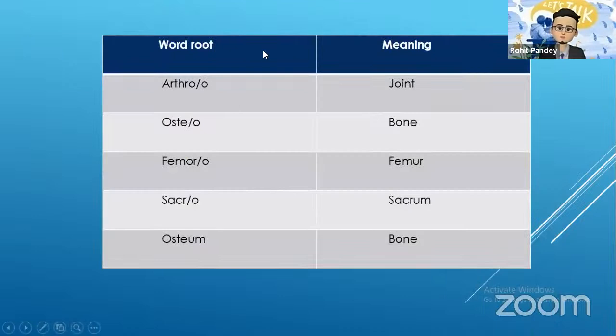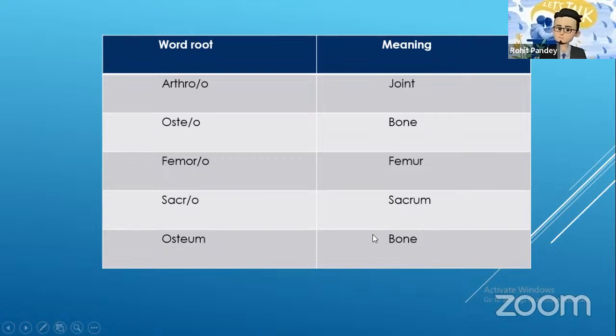Now these words are so important, so you have to know about word roots and their meanings. Ortho means joint. Osteo means bone, femoro means femur, sacro means sacrum, and osteum means bone.